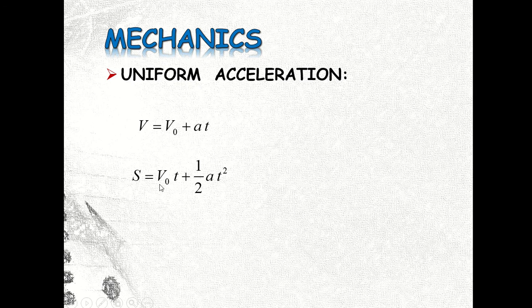Displacement is the distance traveled by a particle after a certain time period, equal to the initial velocity times time plus 1/2 times a times t squared: s = v0 t + 1/2 a t^2. And the final velocity squared is equal to the initial velocity squared plus 2 times a times s: v^2 = v0^2 + 2as. These are the formulas that we can use in solving problems for uniform acceleration.